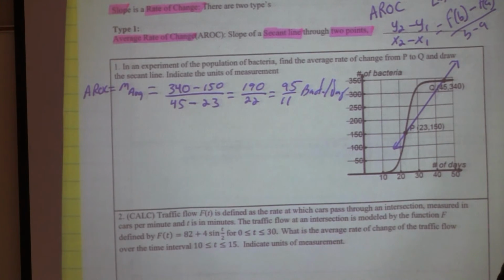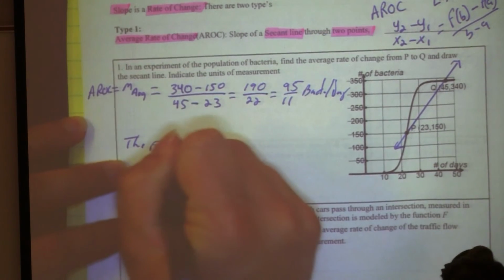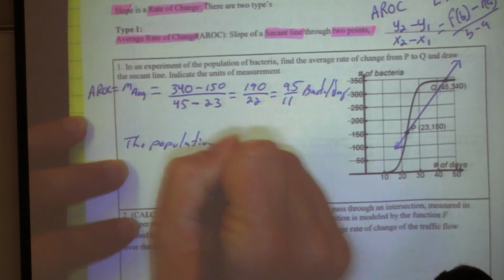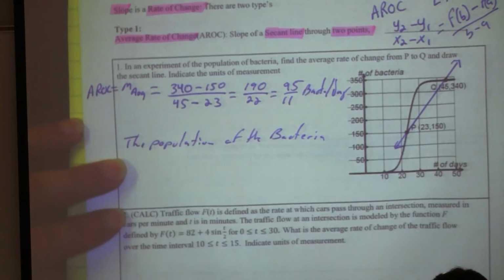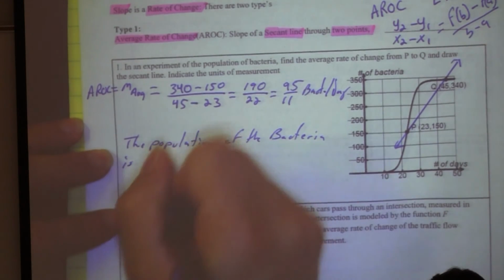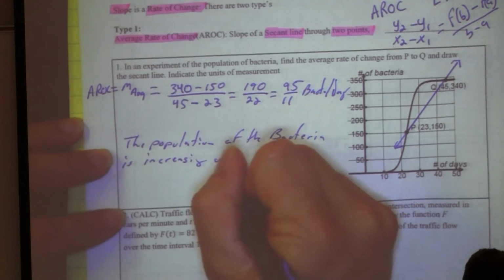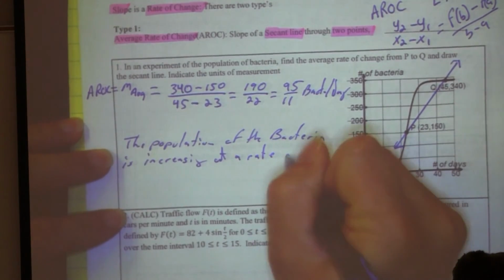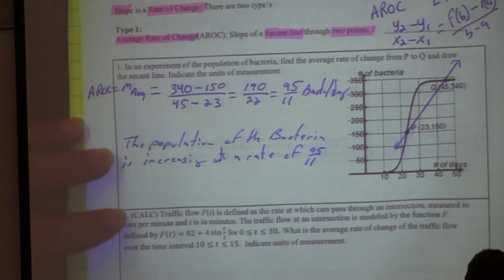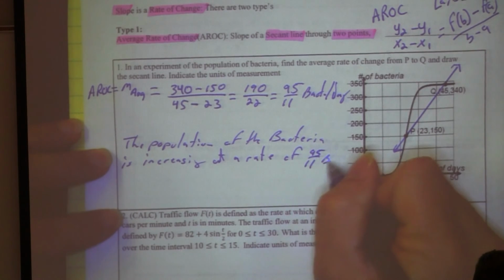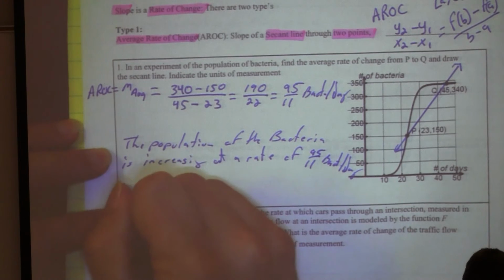Okay, so let's write down that interpretation. So the population of the bacteria is what? Increasing at a rate of 95/11 bacteria per day from when to when?